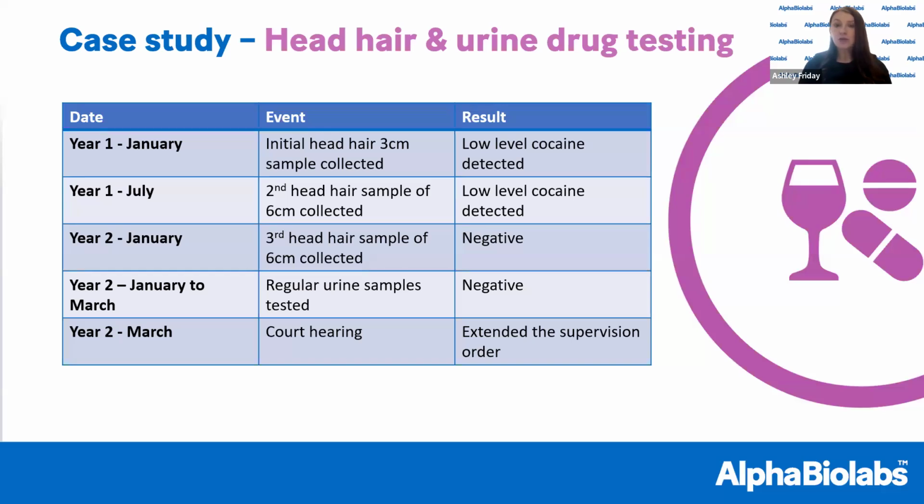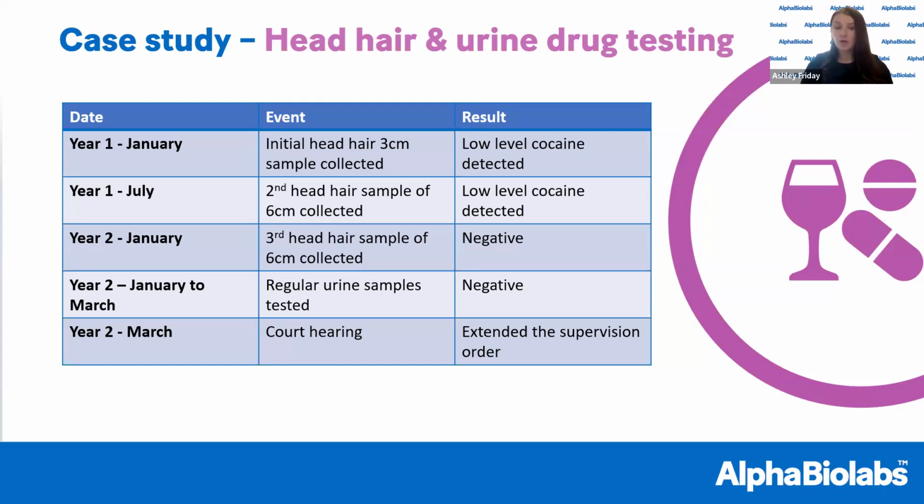There's a few reasons as to why that low-level cocaine could have been detected in those first 2 samples. Obviously, there's an element of residual use within that, but there's a few other reasons as to why that could have been there. Being supported by those regular urine samples where she was testing negative just helped build a better picture.